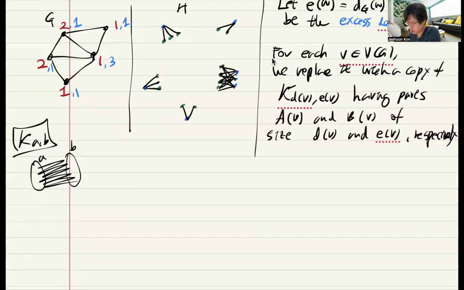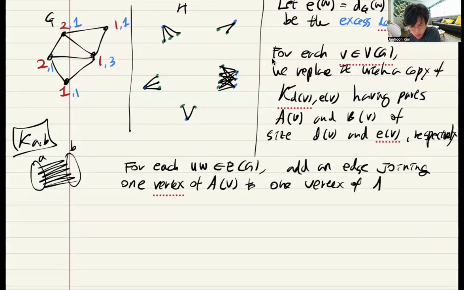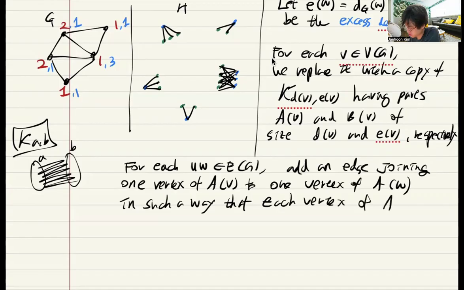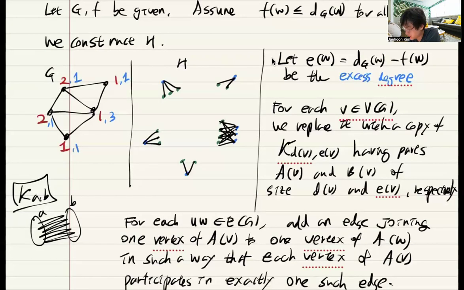And what do we do? For each edge uw in G, we add an edge joining one vertex of A(u) to one vertex of A(w) in such a way that each vertex of A(v) participates in exactly one such edge.